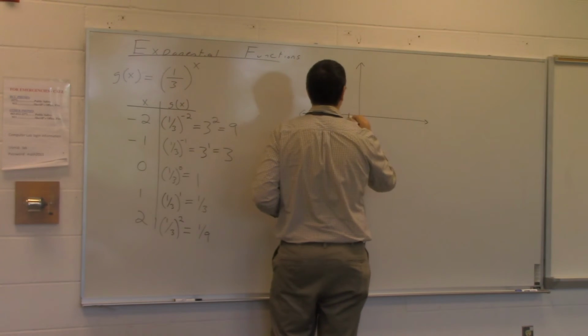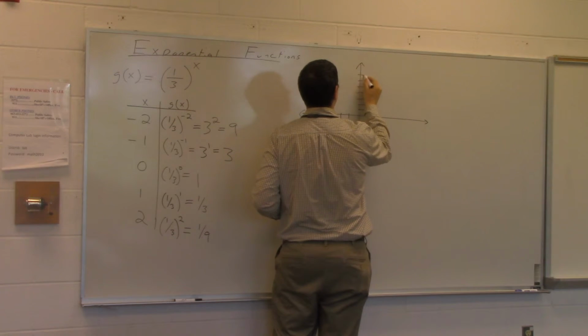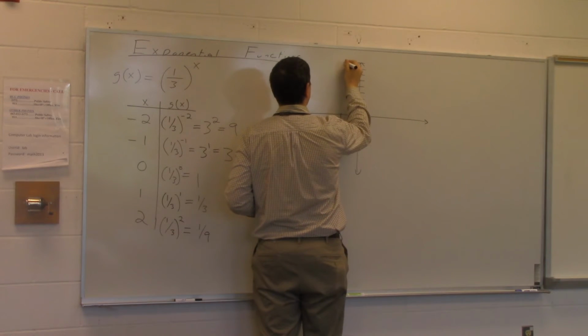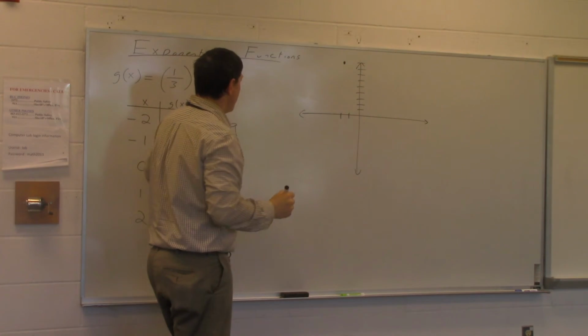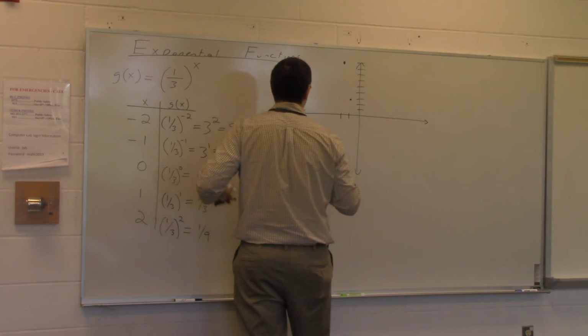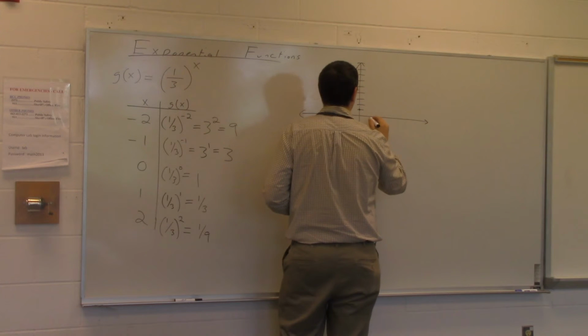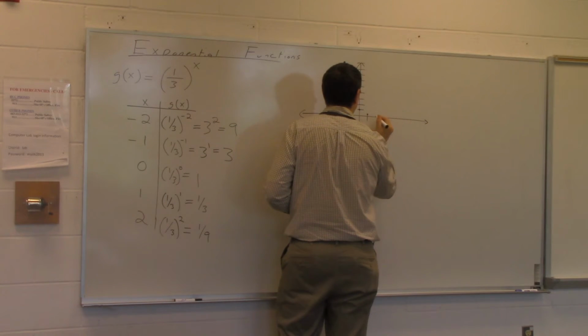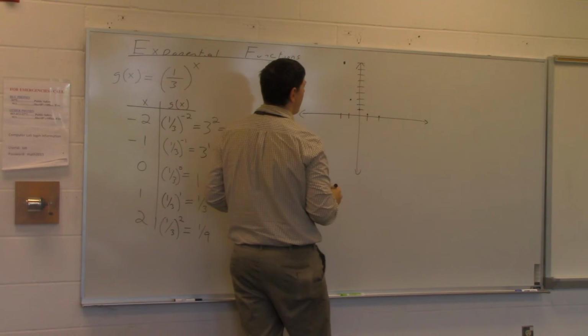Left 2, up 9. So right about here. Then we're going to have -1, 3. Left 1, up 3. We have 0, 1. We have 1, 1/3. So it's going to be right about here. And then finally, 2, 1/9.